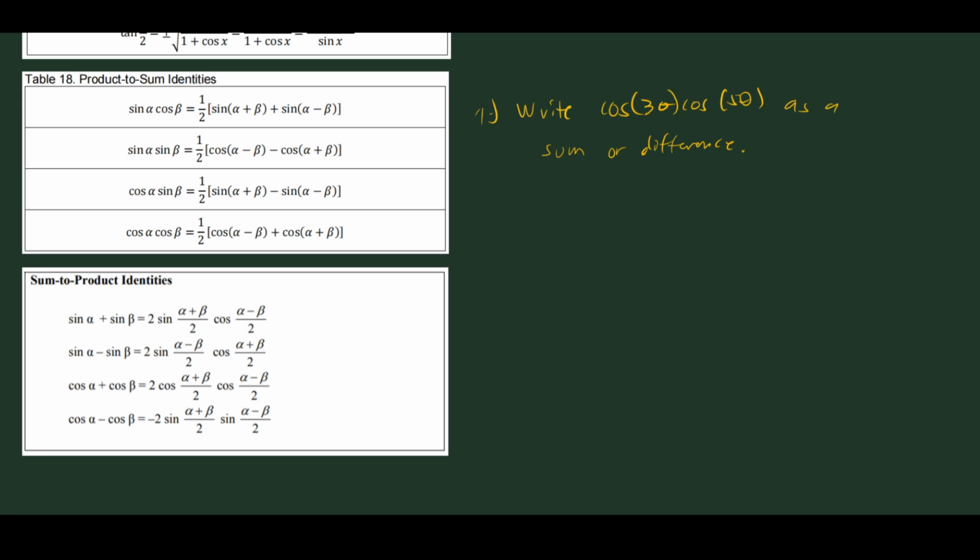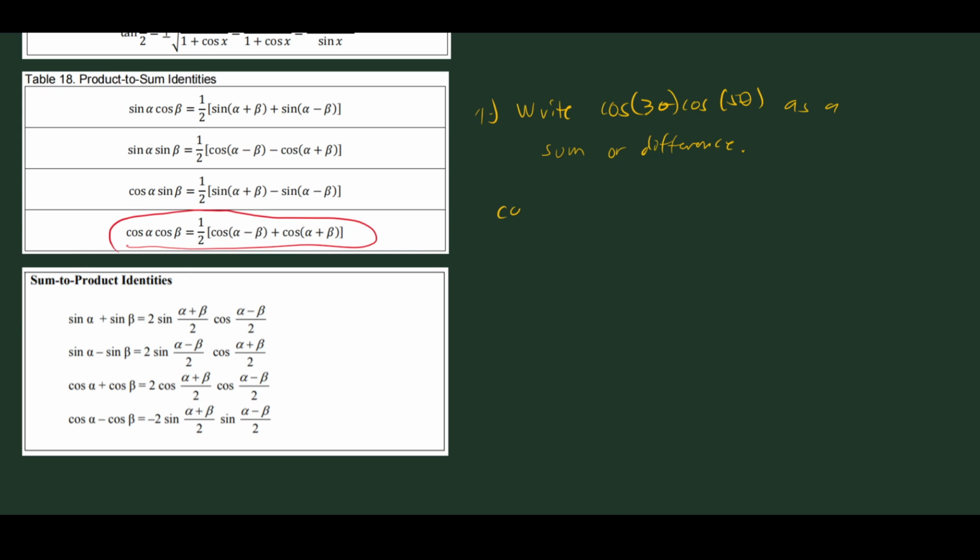Okay, so let's take a look. So cosine and cosine. If we take a look at the product to sum identities, we are going to be using this last one, right? This cosine and cosine. So let's follow that.